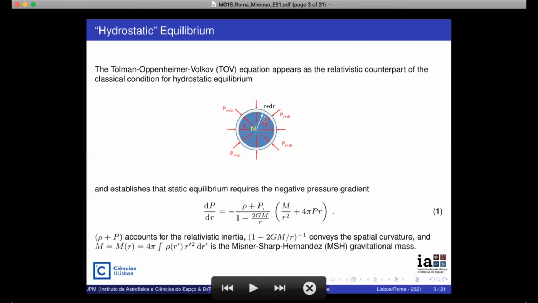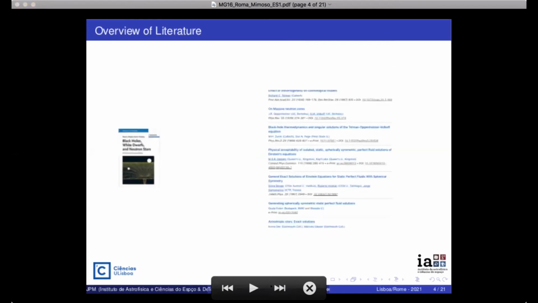And we have to account for the curvature, which is given by 1 over 1 minus 2Gm over r. So this mass here is the counterpart of the classical mass of a star up to a given radius, which is called the Misner-Sharp mass in general, but now also called Misner-Sharp-Hernandez gravitational mass.